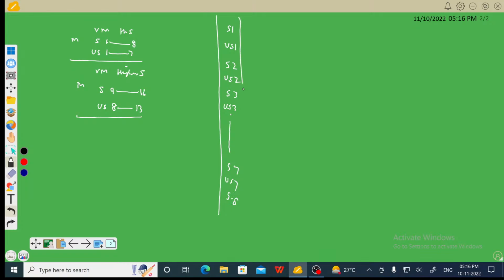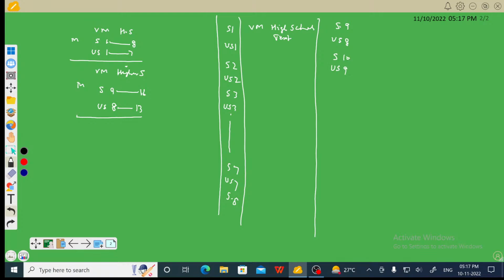These 15 hymns will make a Vedic mathematics high school text, and ahead, Sutra 9, Upsutra 8, Sutra 10, Upsutra 9, up to Sutra 14, Upsutra 13, Sutra 15, Sutra 16 is going to be the Vedic mathematics text of higher secondary classes.